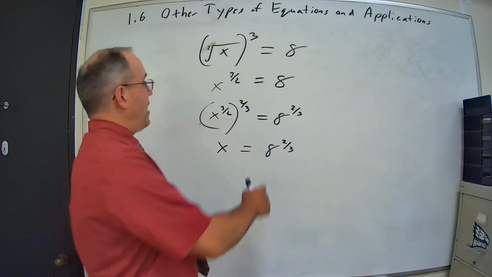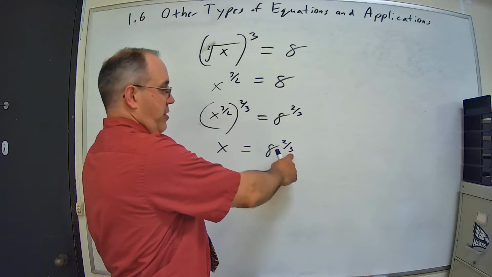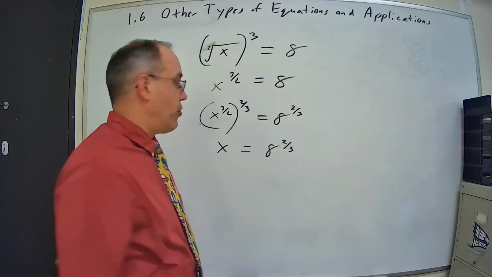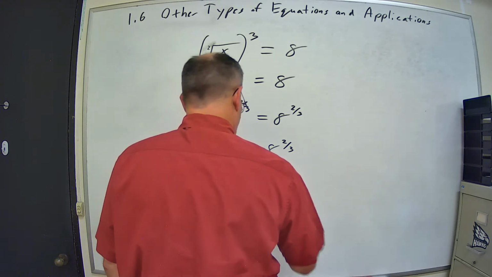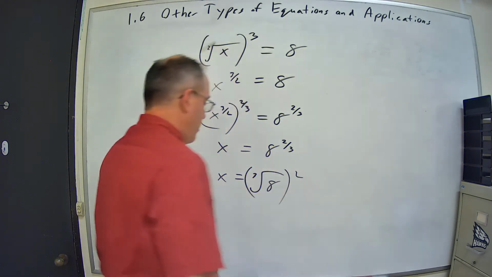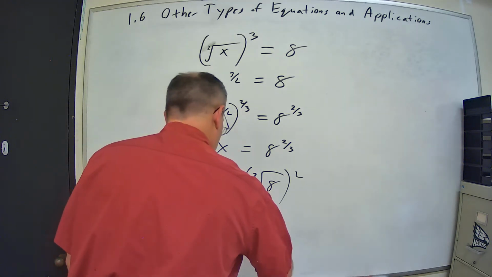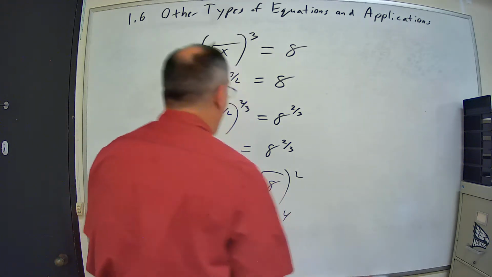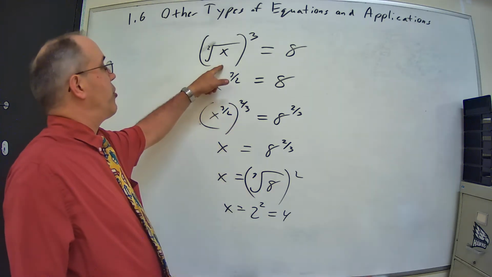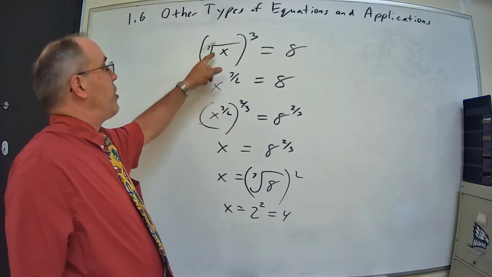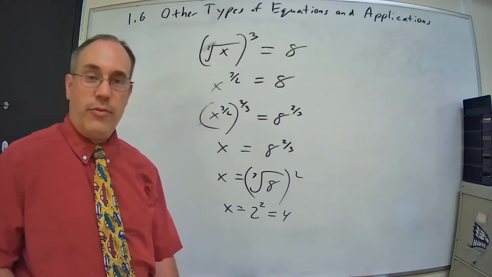Now, that's just the cube root of 8 squared, so we could write it as x is equal to the cube root of 8 squared. The cube root of 8 is 2, so x is equal to 2 squared, or x equal to 4. And then we just plug it in to make sure it works. So the square root of 4 is 2, 2 cubed is 8, and it did work.